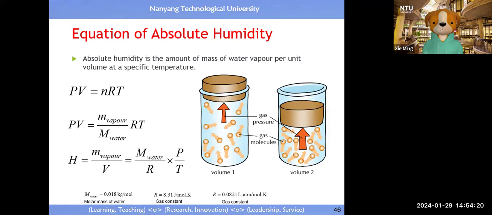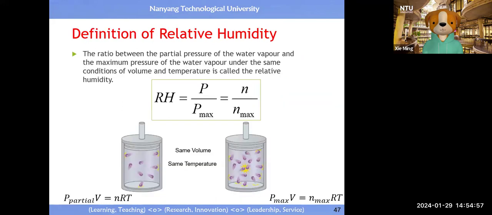So based on this formula, immediately we can compute the presence of water vapor per unit volume. You see, small m, the mass of vapor, divided by volume. Then you can obtain this equation to compute the mass of water per unit volume. That gives us an idea about the absolute humidity, but this one is not intuitive. Our mind cannot interpret it. But this is a pure mathematical solution.